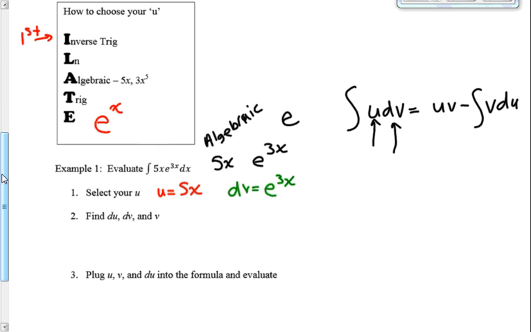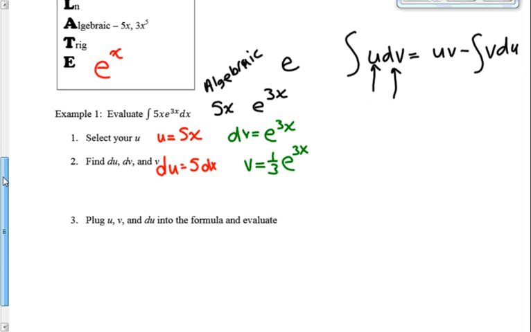From here, I can find du, which is literally the derivative of 5x, which is just 5 dx. My v is the antiderivative of dv, and the antiderivative of e to the 3x is e to the 3x. The derivative of my inside is 3, so my antiderivative needs a 1/3. I'm going to deal with my plus c, my constant, at the very end after I've evaluated.